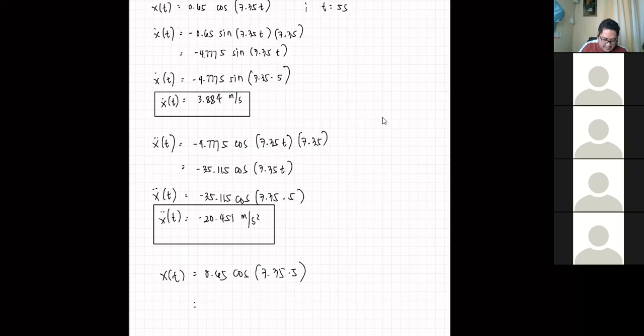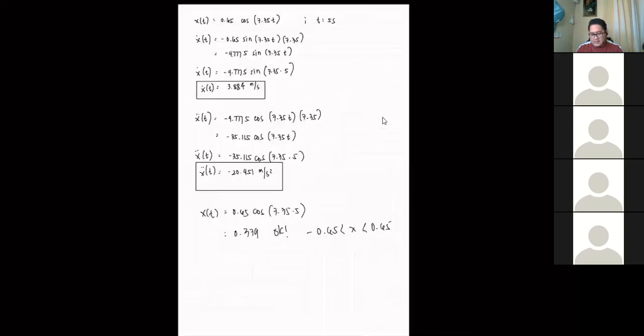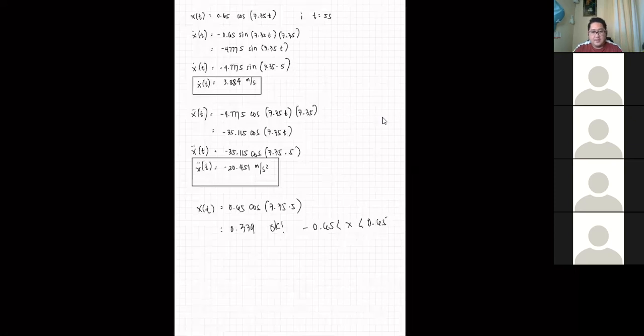So, ang value natin yan is 0.379, which is pasok dun sa amplitude limit natin, ano? Okay? So, yun. Okay? So, question?